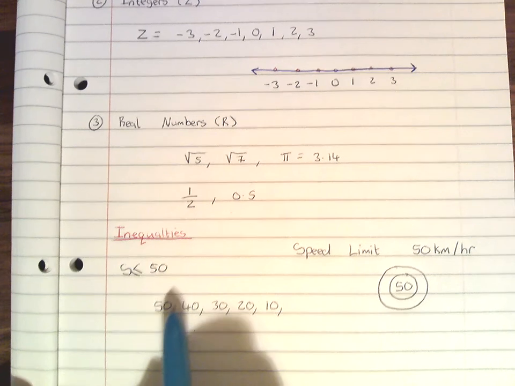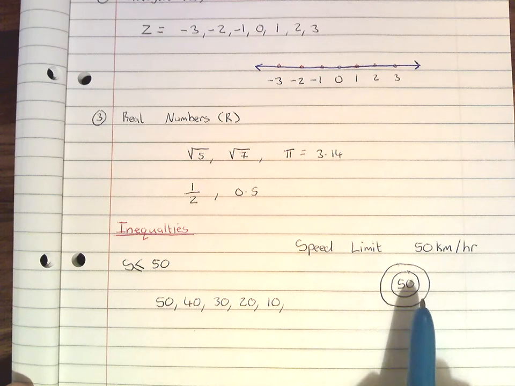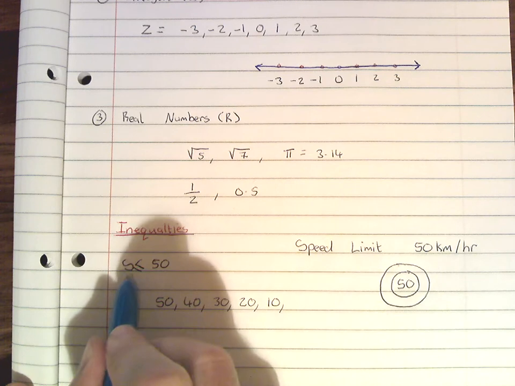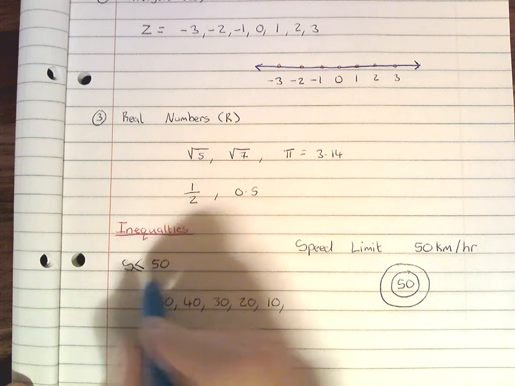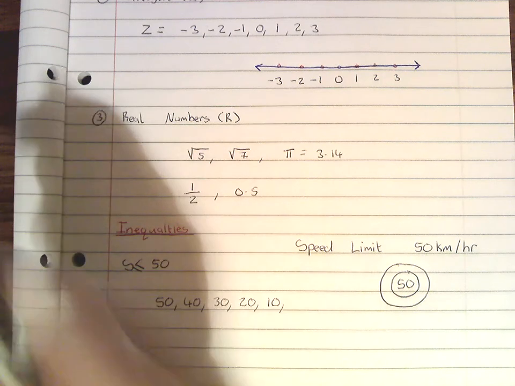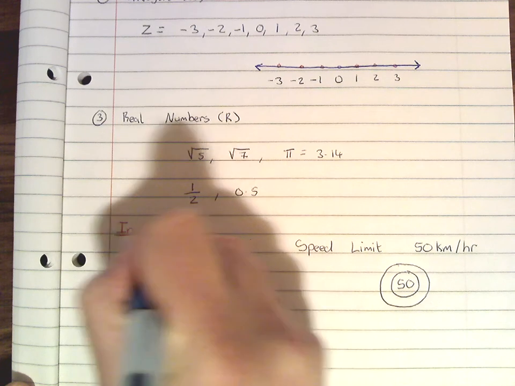So it can be any of these values, and it'll still satisfy this particular speed limit. So when we write something like this, where S is less than or equal to 50, this is an example of what's called an inequality.